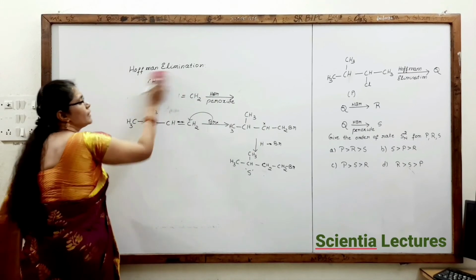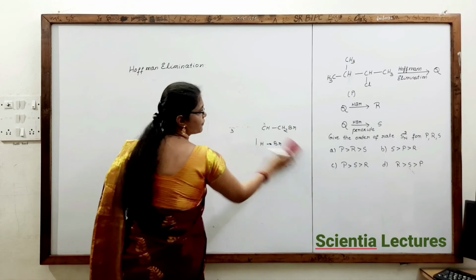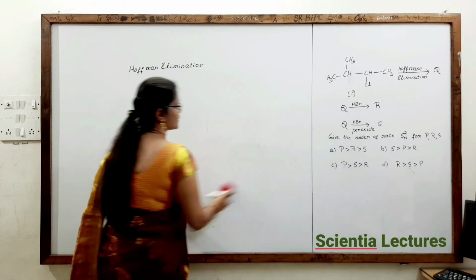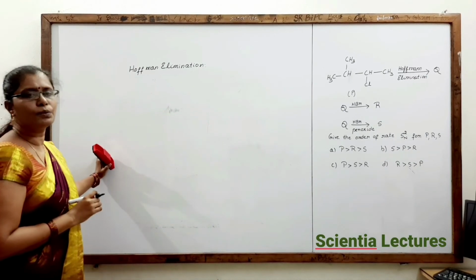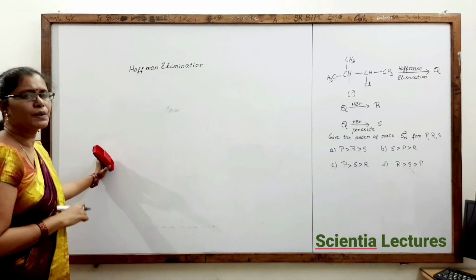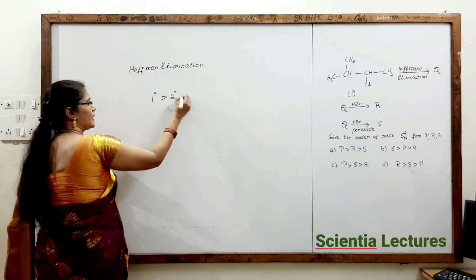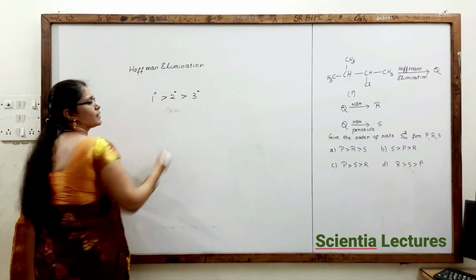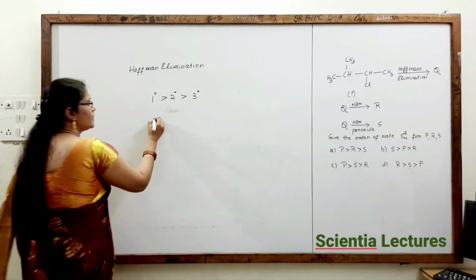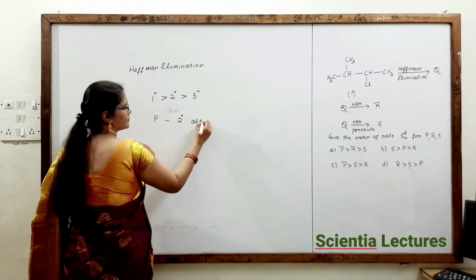Now let us see what is the order of rate of SN2 mechanism. Already we know that in the SN2 mechanism, what is the order of reactivity of alkyl halides? We have seen in the previous problems also. That is primary greater than secondary greater than tertiary. So here, what is P? P is secondary alkyl halide.